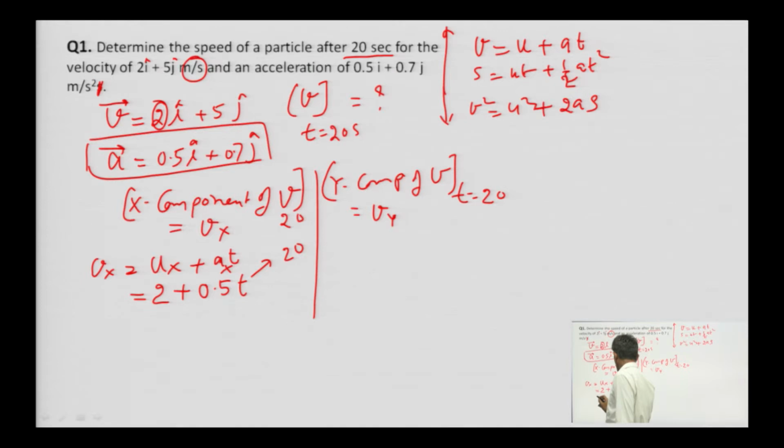So 2 plus 20 into 0.5, which is 10. So it is 12.